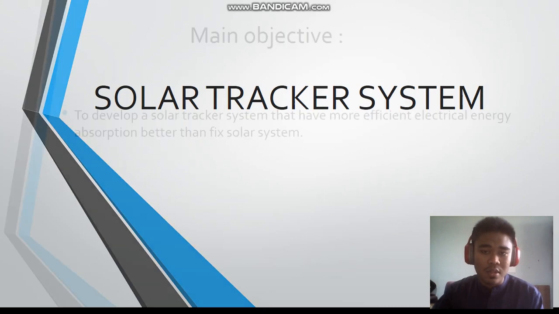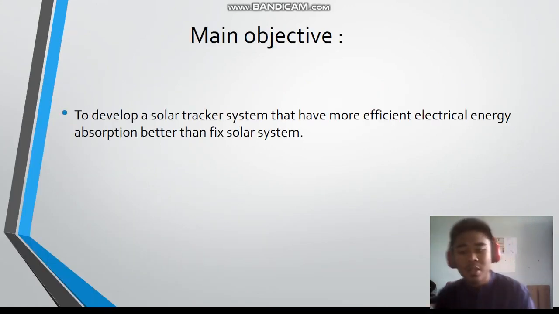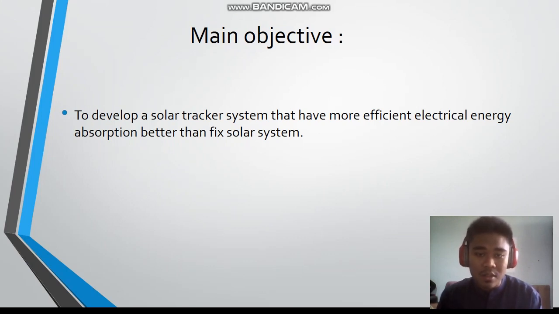Let's go to the next slide. The main objective of this project is to develop a solar tracker system that has more efficient electrical energy absorption compared to the fixed solar system.